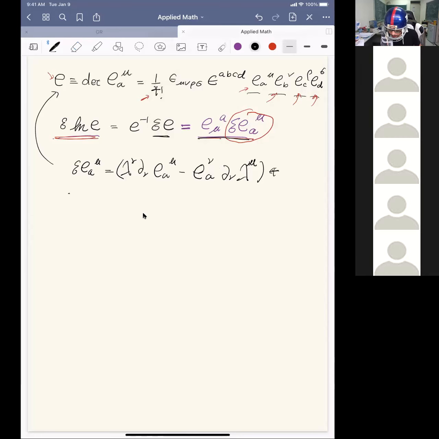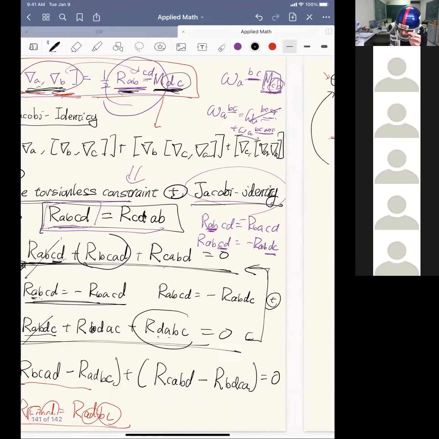So remember that previously I wrote this thing down. Now I dropped this. Can anyone tell me why I dropped this now? Because of the orthogonal property with E_μ^A. I don't know what you mean by orthogonal property, but I'm going to interpret it as meaning that we're already doing the gauge fixing.